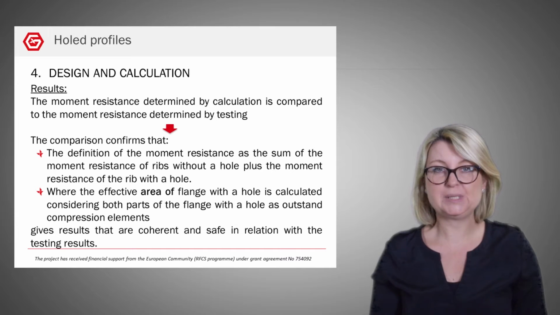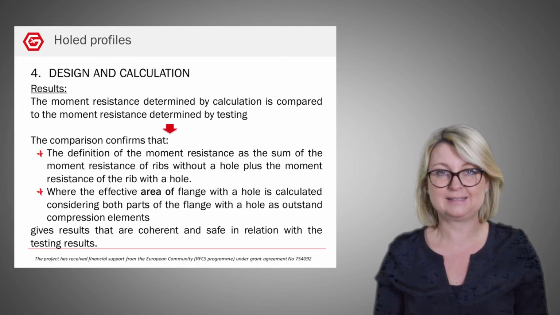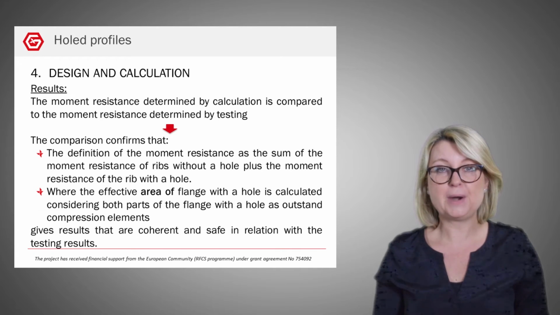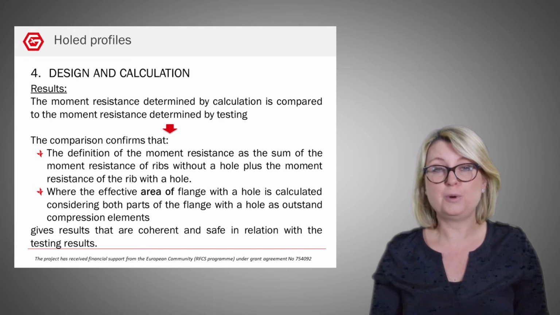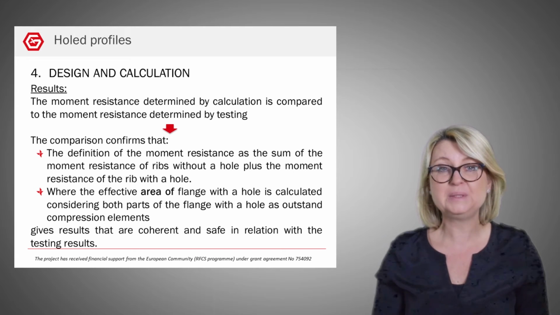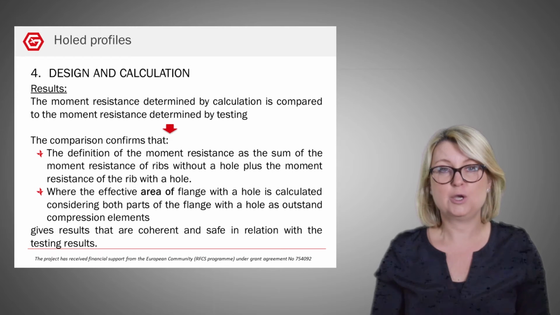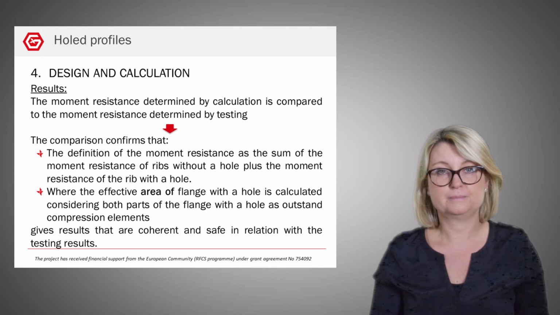Eventually, the moment resistance of holed profiles, determined by calculation as defined previously, was compared to the moment resistance determined by testing. This comparison confirmed that the definition of the moment resistance as the sum of the moment resistance of ribs without a hole plus the moment resistance of the rib with a hole gives safe and consistent results with the testing results.